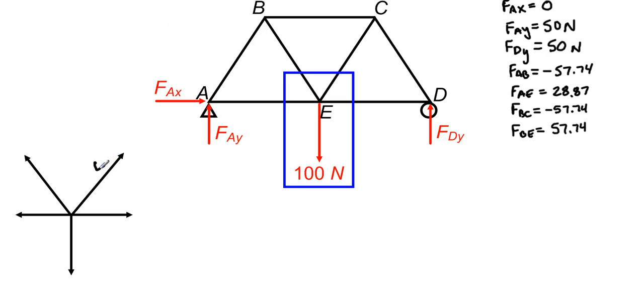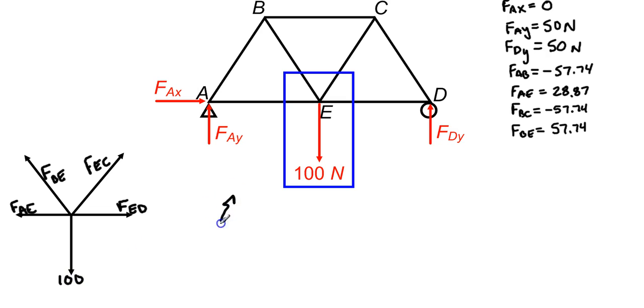This is EC. Force at EC. This is the force at BE, which we know, so we'll use that. This is the force on ED. This is the force on AE, which we know, so we'll use that. And then this is the 100 Newton force acting downward.